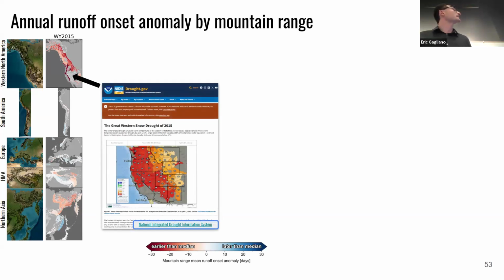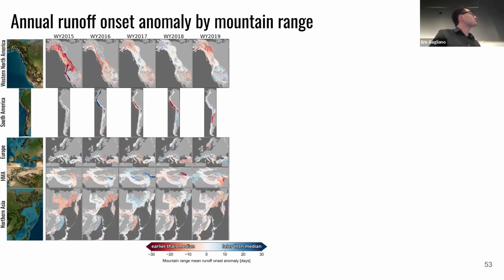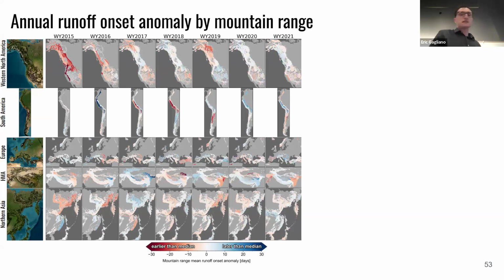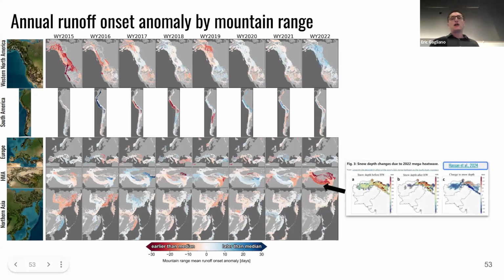But maybe some of the key highlights: for the Western US, you can see widespread early melt of 20 to 40 days, likely related to the snow drought in 2015. Skip through most of these years, and then some more interesting things happen again in 2022, widespread early melt of 15 to 30 days in high mountain Asia.